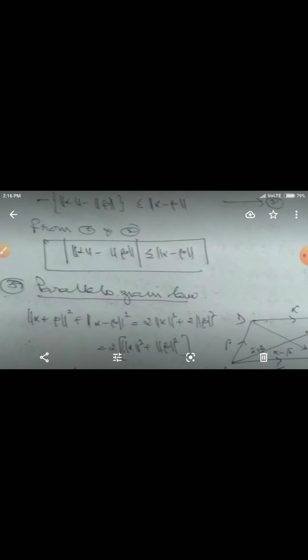Now taking minus common, we have minus of norm alpha minus norm beta is less than or equal to norm alpha minus beta, call this 2. From 1 and 2, both the positive term as well as the negative term are less than or equal to norm alpha minus beta. Therefore, modulus of norm alpha minus norm beta is always less than or equal to norm alpha minus beta.